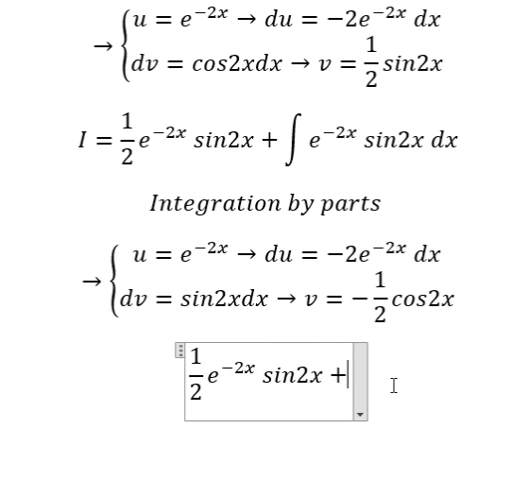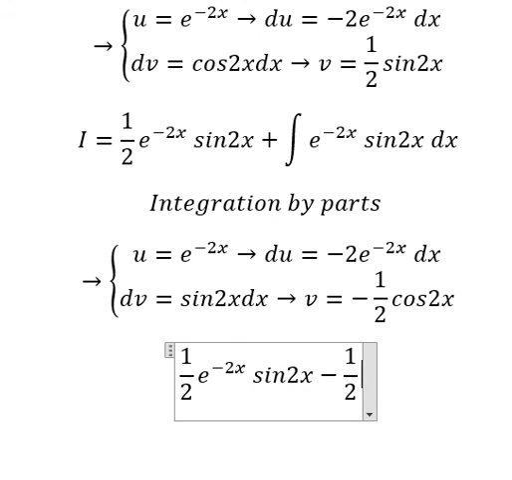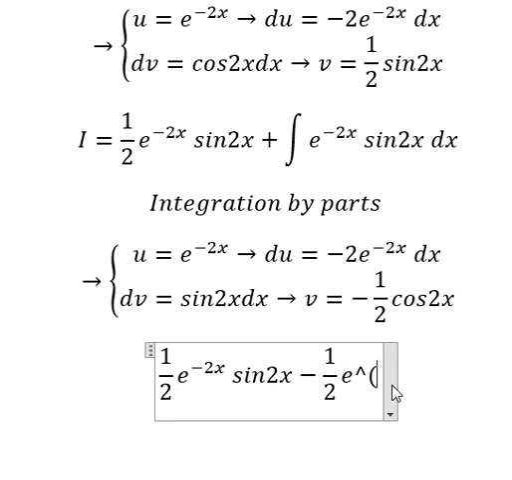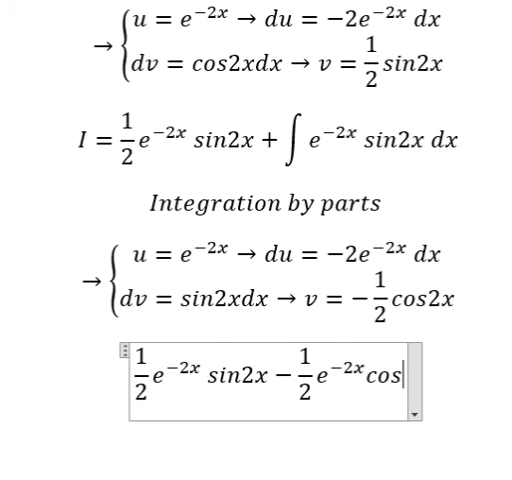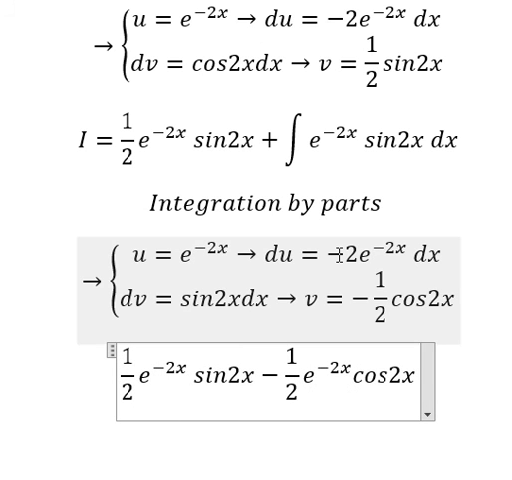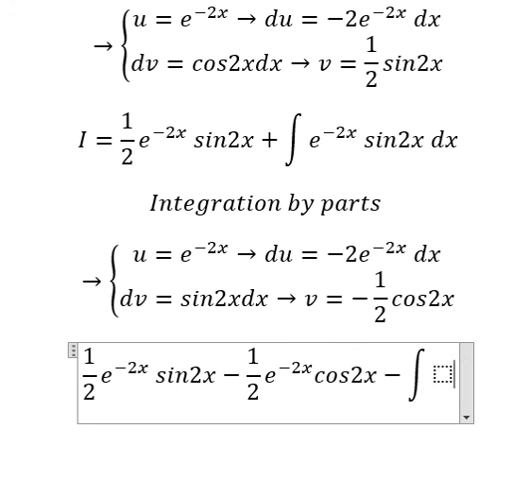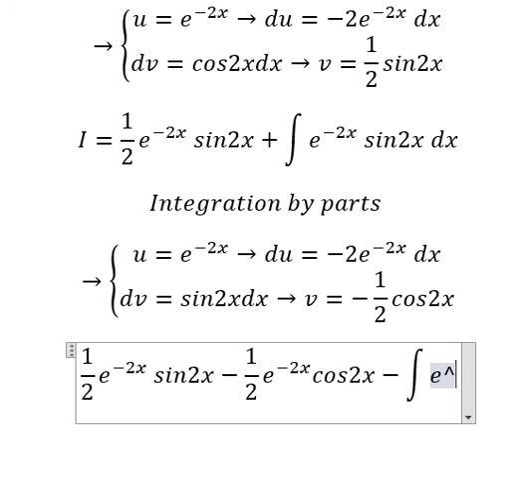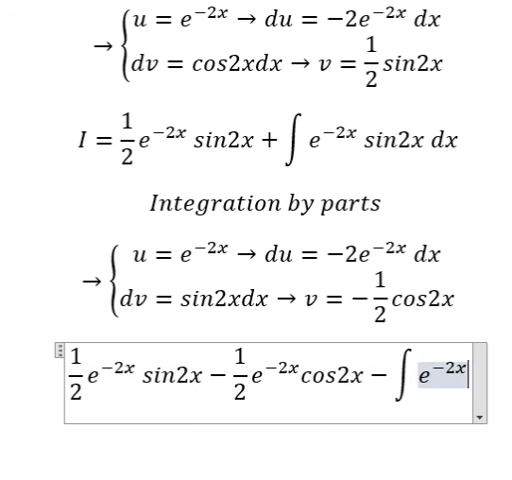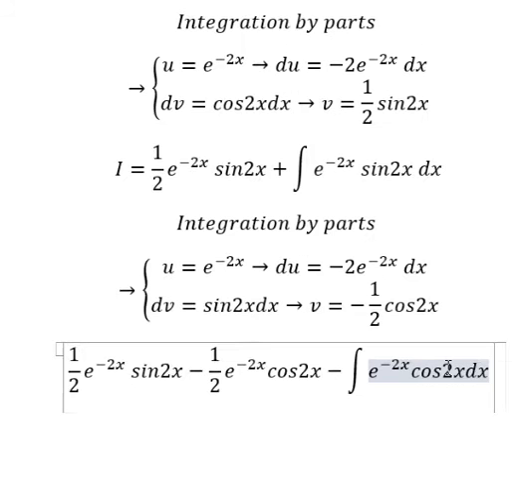You will get negative 1 over 2 e to the power of negative 2x cosine 2x. Negative, negative, you get positive, but we have another negative sign in here, so you get negative. 2 divided by 2, they will cancel. So we have the integration of e to the power of negative 2x cosine 2x dx.